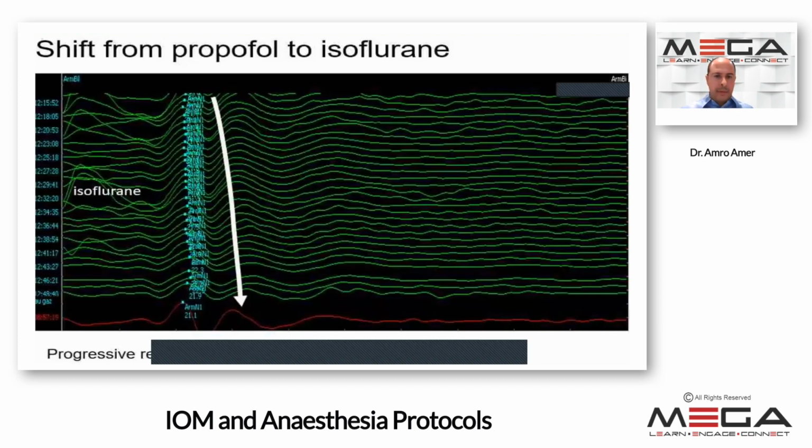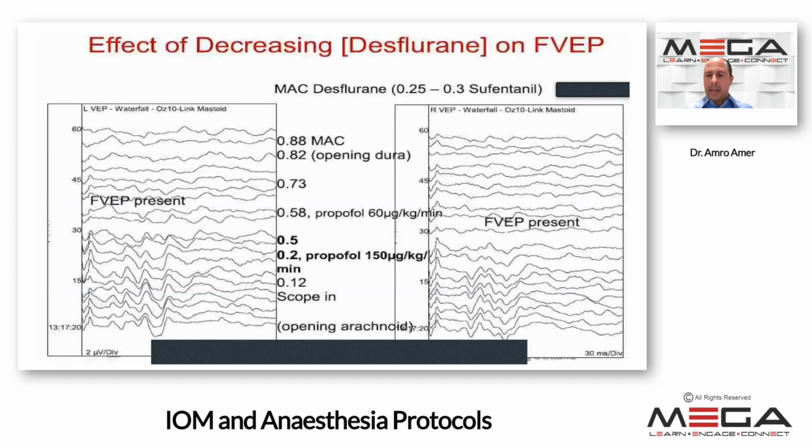That's another one on the right side. You can see the isoflurane effect on the visual evoked pattern. On the bottom is the baseline, then the top one. We didn't go that high, only up to 0.6 MAC.